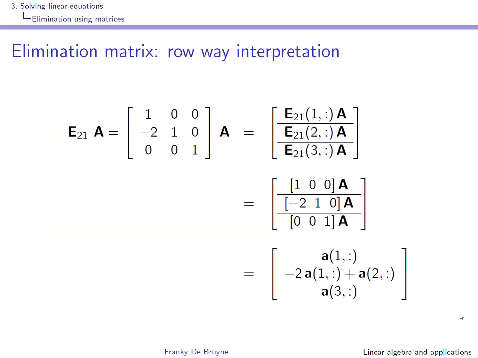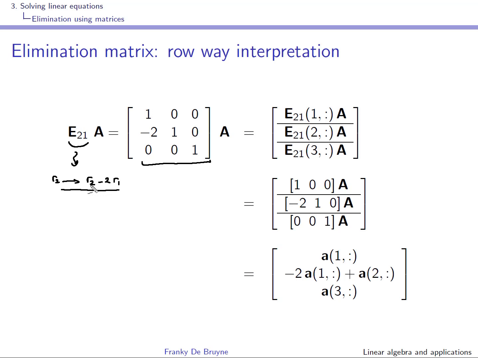So we have seen in the previous slide that we can construct this elimination matrix, and it's a bit magical, right? Remember that this elimination matrix was implementing the following thing: you replace row 2 by row 2 minus 2 times row 1. Okay, so is there an explanation for that?